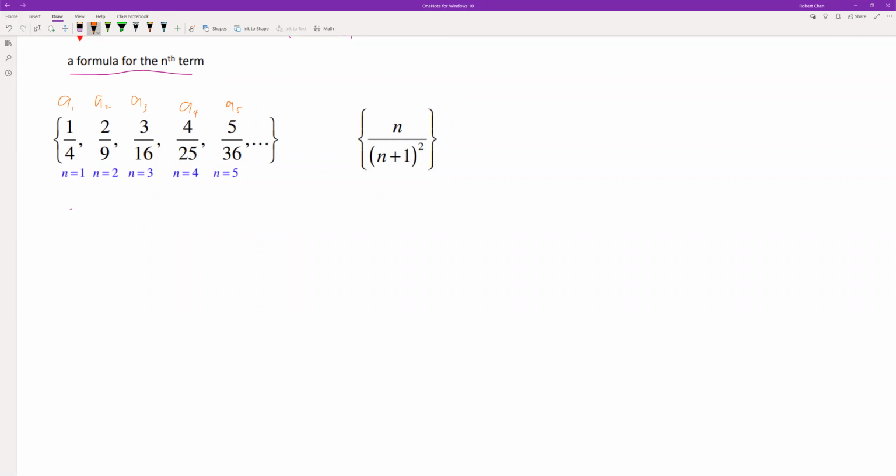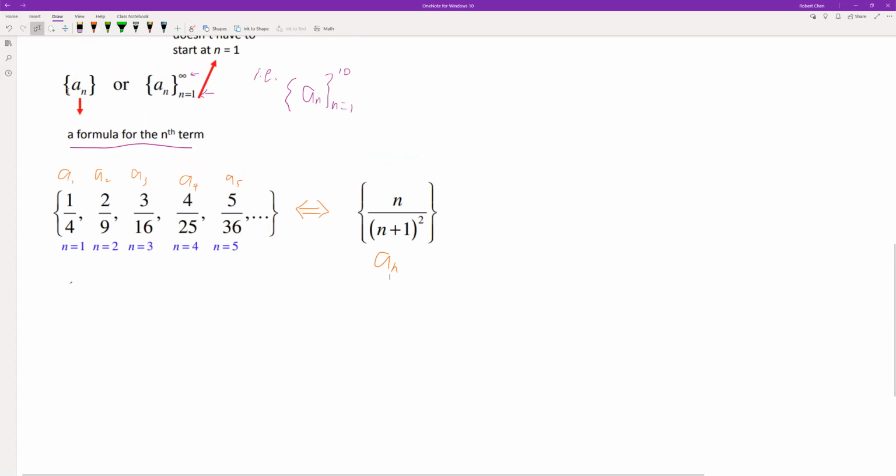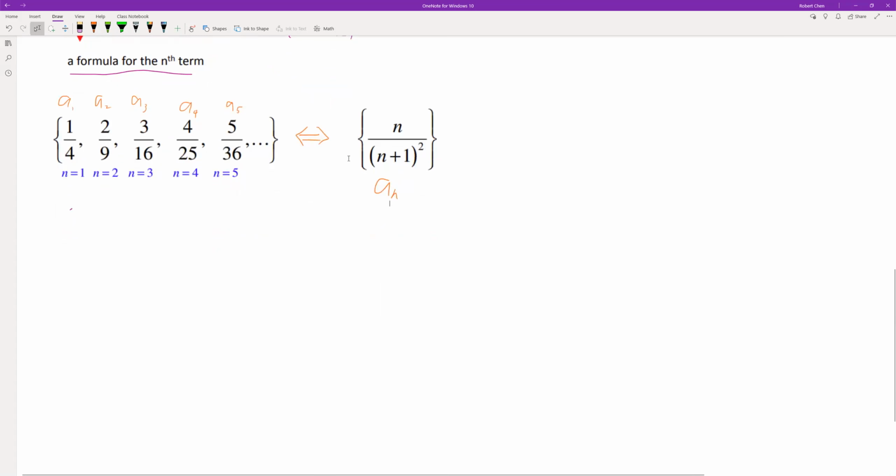One interesting part with sequences is how can you determine the nth term, right? Here we're actually given the formula for the nth term. So this would be our first type, where it gives you the formula for the nth term, and then using this formula, you'll be able to find any term in the sequence.